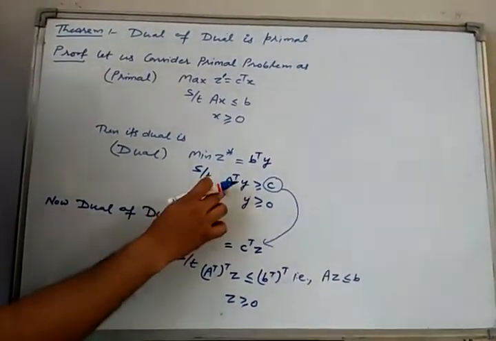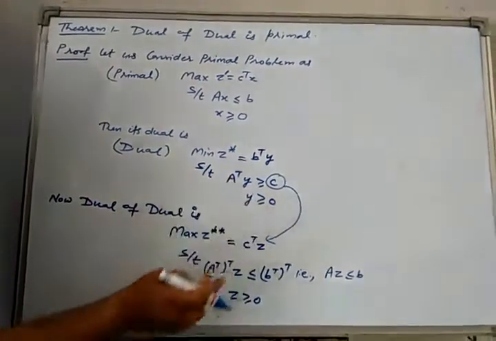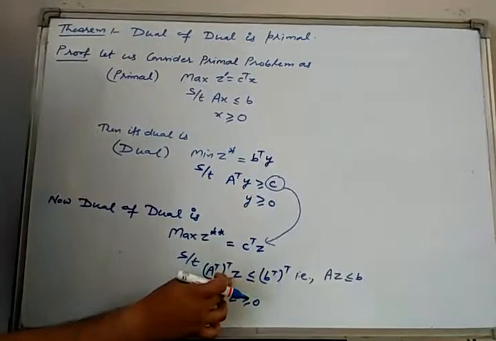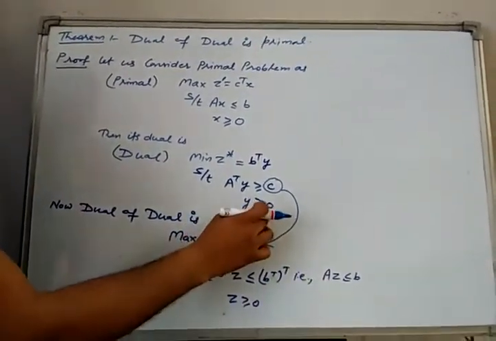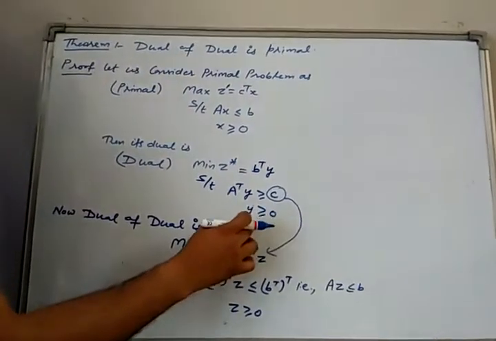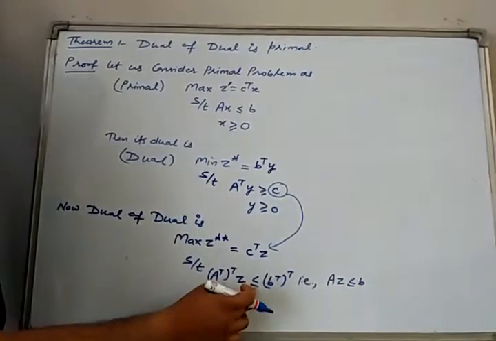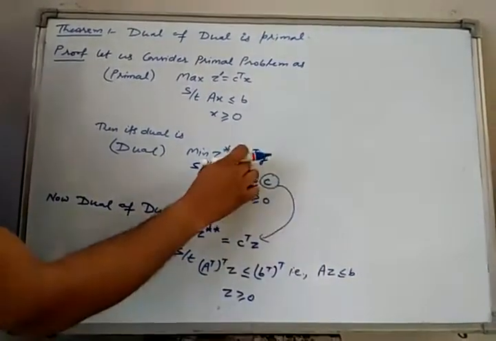We take the transpose of the coefficient matrix. Here the coefficient matrix is A transpose, therefore we take the transpose of the transpose. Then z is the dual variable, less than or equal to; as the variables are of greater than or equal to form, we can check from the rule table. Therefore the inequalities are of less than or equal to type, and the right hand side comes from the cost coefficient.